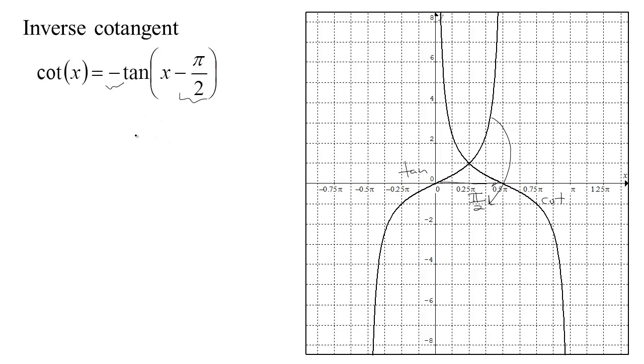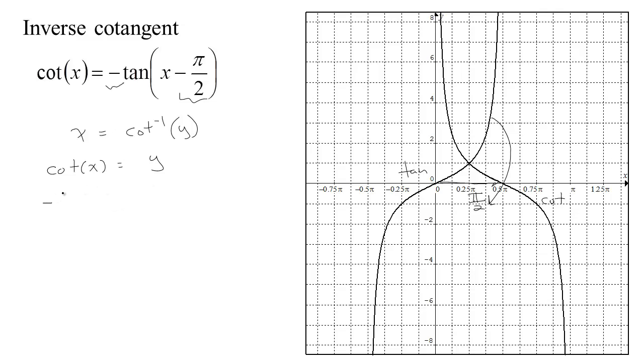So because that's true, if I'm trying to find the angle whose cotangent is a particular value y, then that would mean that the cotangent of the angle is y, right?